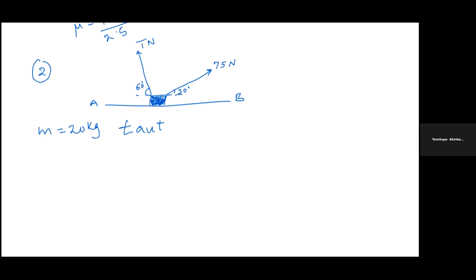Are you ready to take question B? Yes, sir. Question B. It is given instead that the surface is rough and that the block is on the point of slipping.